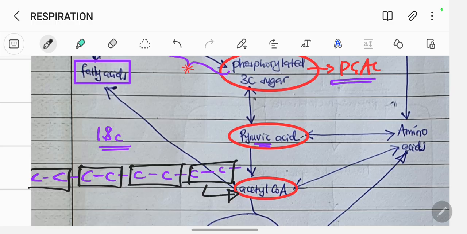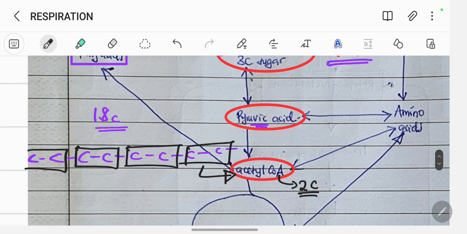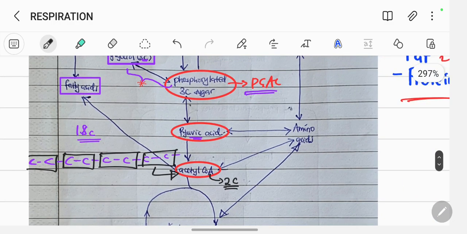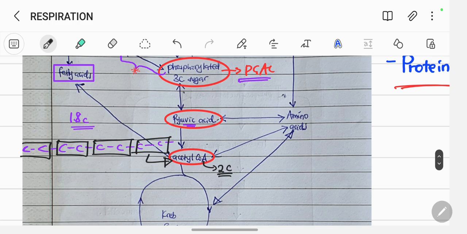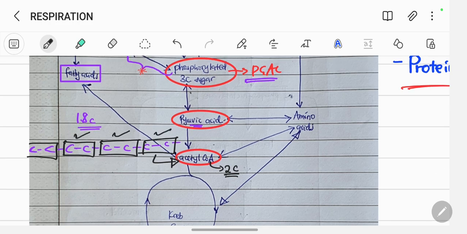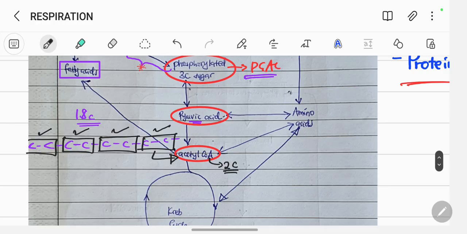You remember that acetyl-CoA is a 2 carbon molecule. So we are going to be removing 2 carbon atoms from it. As we remove those 2, this one is going to form its own acetyl-CoA, this one forms acetyl-CoA, that one, and that one, until the whole fatty acid is broken down. So that is it.